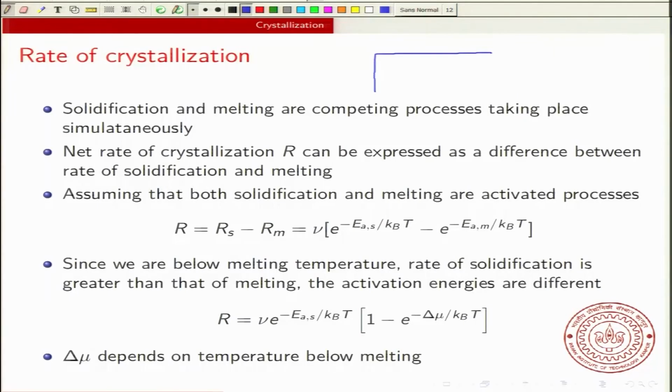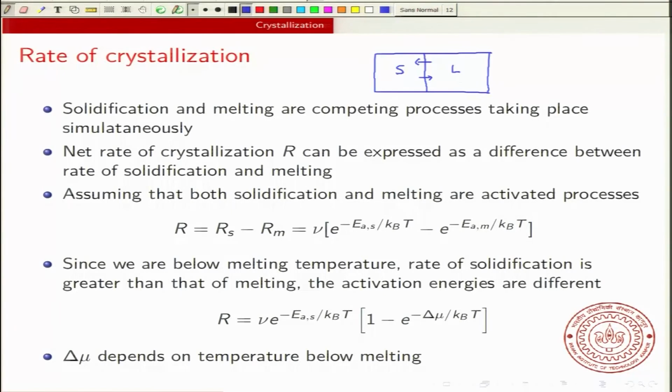So if you have a system, and on this side you have a solid and here you have a liquid, and you imagine that some part of the system has become a solid and some part has become a liquid. Now what is happening is that some of this liquid is getting converted to solid and some of this solid is getting converted to liquid.